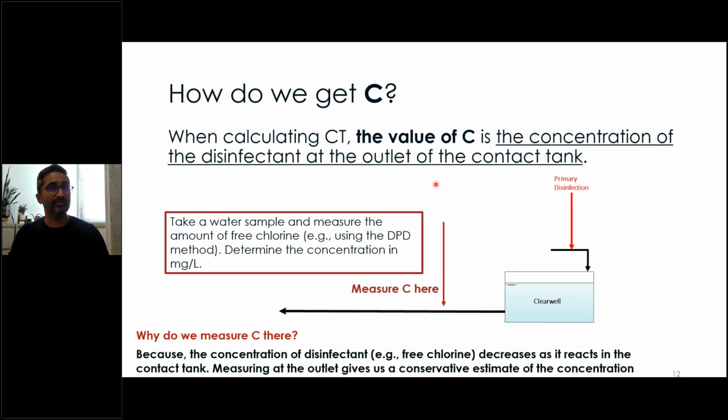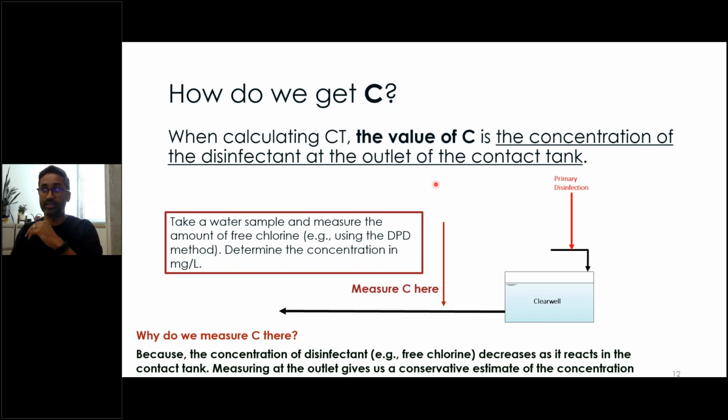Okay, and you're going to hear that theme a couple times, where when we're in doubt, we're always going to use a more conservative estimate in order to ensure that we're always underplaying what our potential CT is, so that we're not giving ourselves too much credit or overestimating the amount of disinfection we're getting. Because if we overestimate, then we could actually be under-treating our water and making it less safe than we think it is.